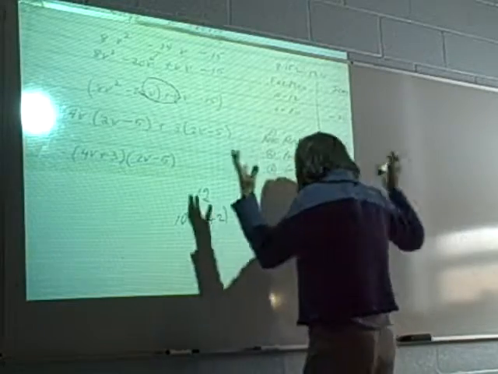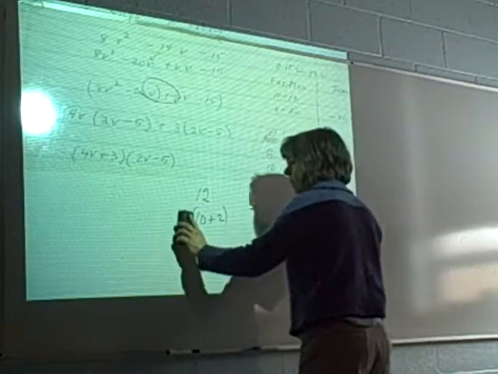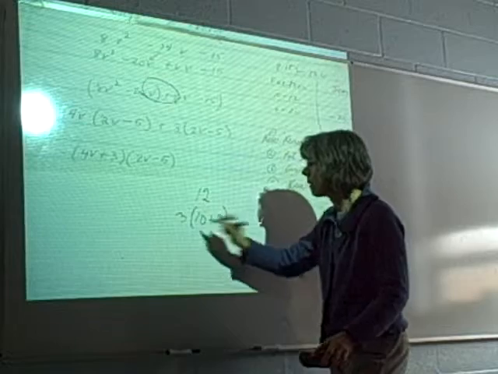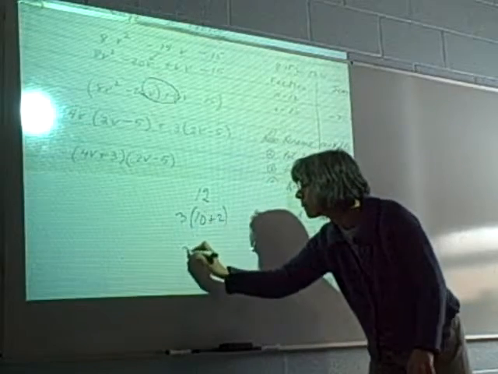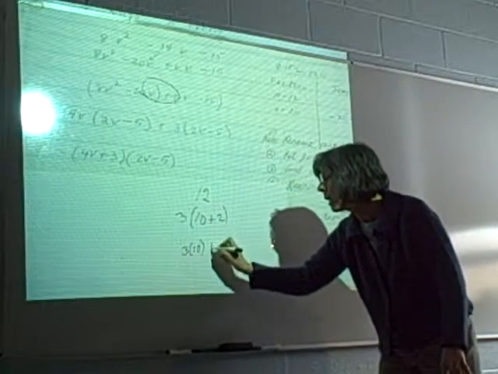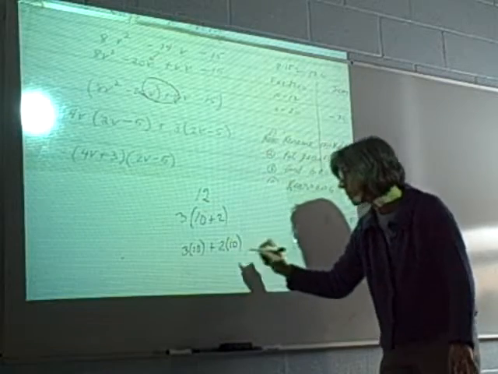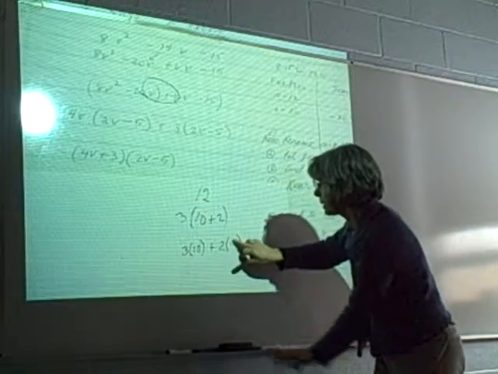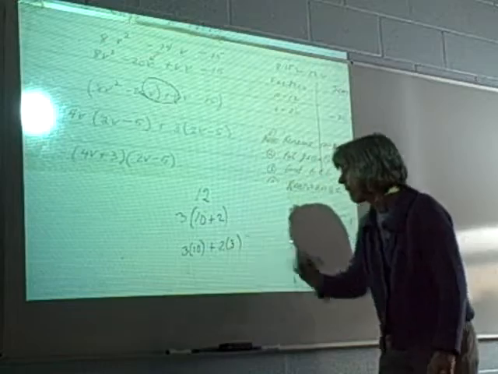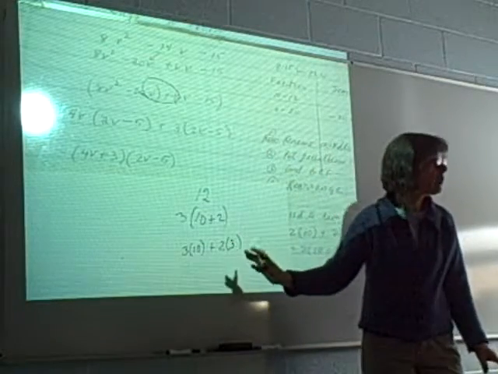Or let's try a different number. Maybe that other number was confusing. Isn't this saying 3 times 10 and 3 times 2? Aren't they both being multiplied by 3?